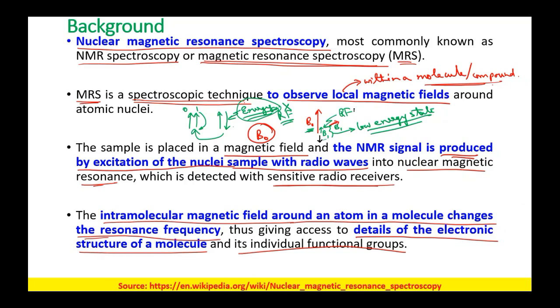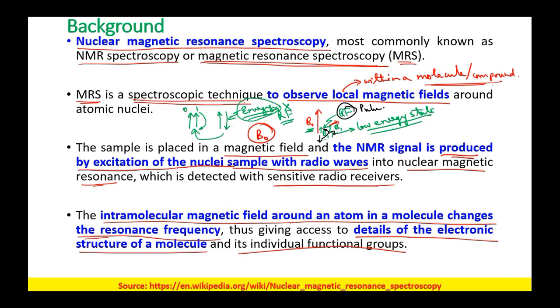Okay, and if you give this RF field only momentarily using a pulse, an RF pulse signal, this B1 magnet will just go to the higher energy state, and just after the pulse is removed, it will slowly start coming back to its low energy state. And how will it come to the low energy state?